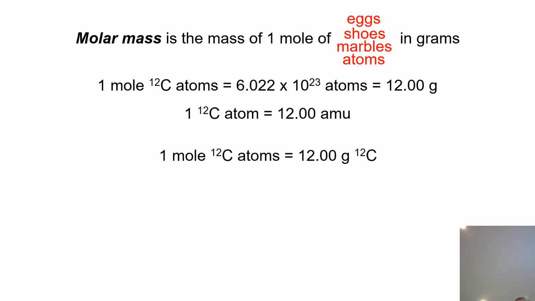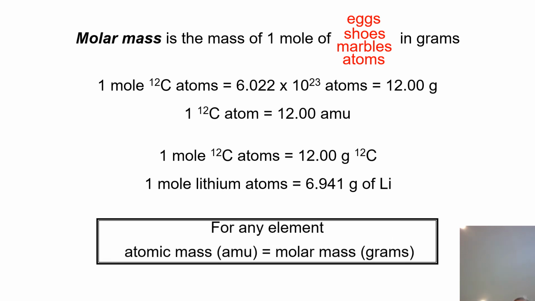So what that means is that for any element, the numerical mass in AMUs on the periodic table is equal to the same number with units of grams. So the molar mass is just the same numerical value of the atomic mass, but we change the units to grams.